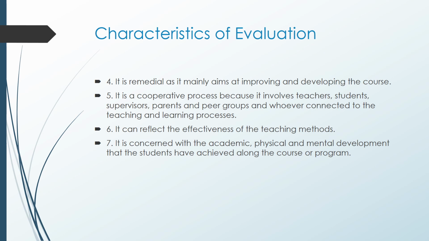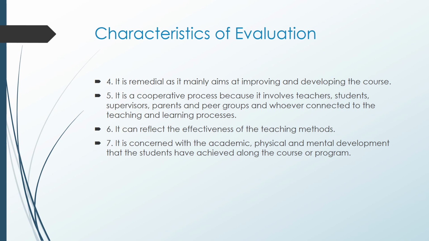Number six, it can reflect the effectiveness of the teaching methods. We talked about this, that within evaluation, you can also judge whether your teaching method was effective, was good or not. It is concerned with the academic, physical, and mental development that the students have achieved along the course or program. Of course, when the students start the course, they are not the same as when they finish it. Is it clear?